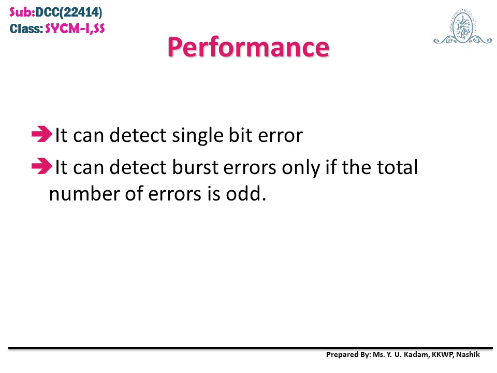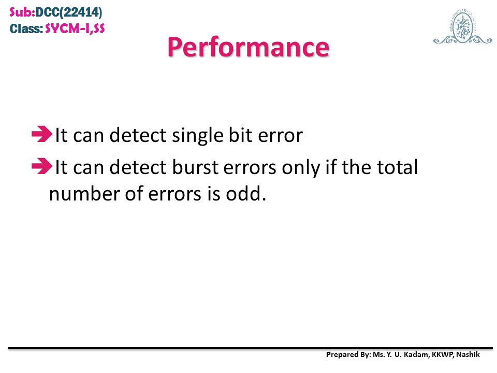Talking about the advantage or performance of this method, the advantage is that it is a simple method to detect errors. It can detect a single bit error, but the main drawback of this method is that it can detect burst errors only if the total number of errors is odd.